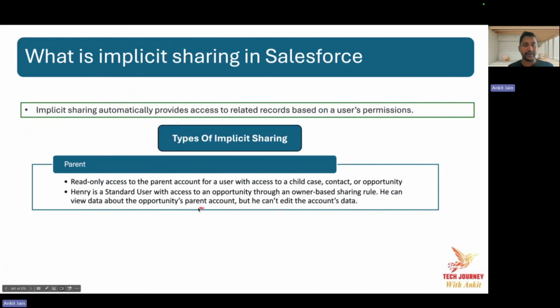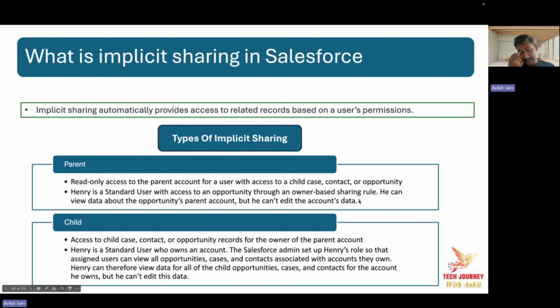So the opportunity Henry has access to is linked with one of the accounts, and automatically Salesforce will extend the access of that parent account. Again, you need to remember that the default access we get from implicit sharing is read-only access. So Henry can only read the account, but Henry cannot edit the account data.